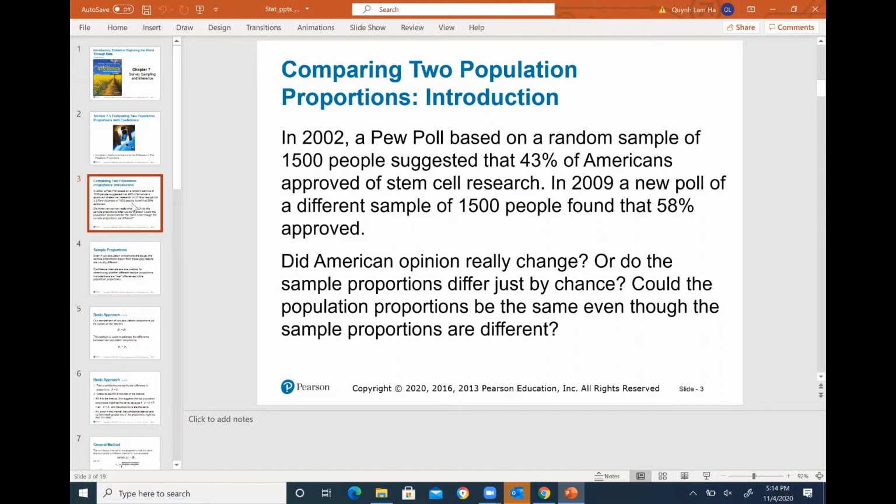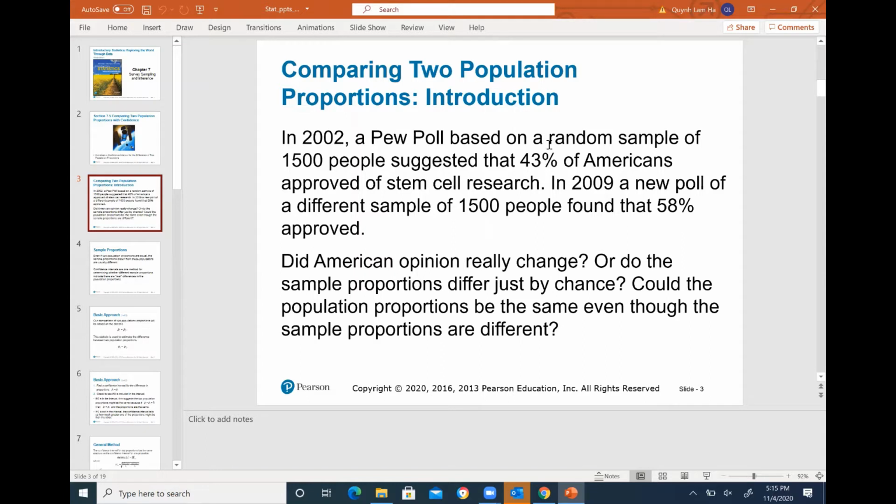So you are comparing two populations, one in 2002 and another in 2009. In each year, they have a different value to record, and you compute it the same way, okay? In 2009, a new poll of a different sample of 1,500 people found that 58% approved.